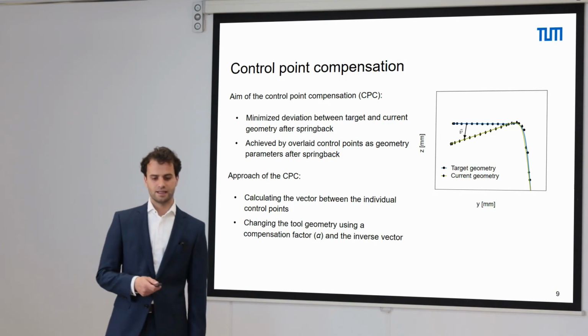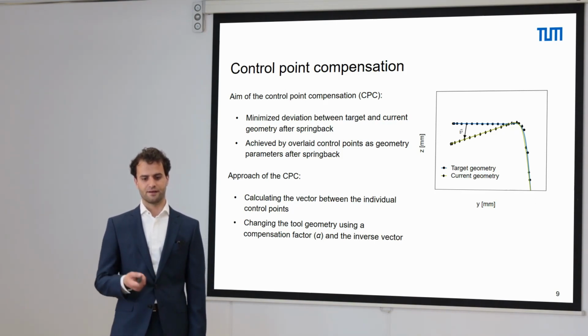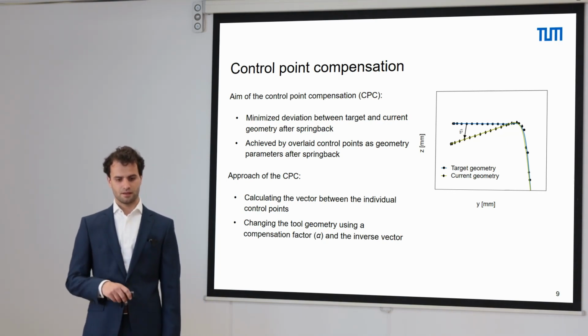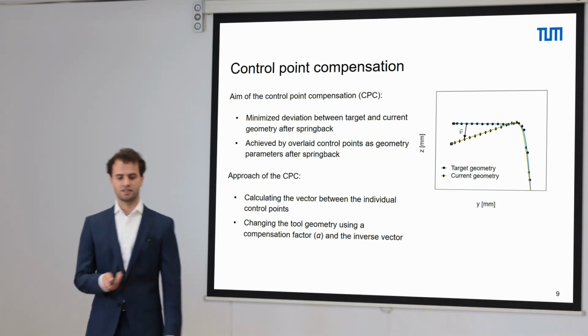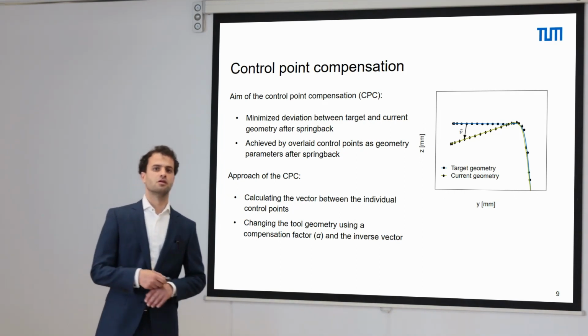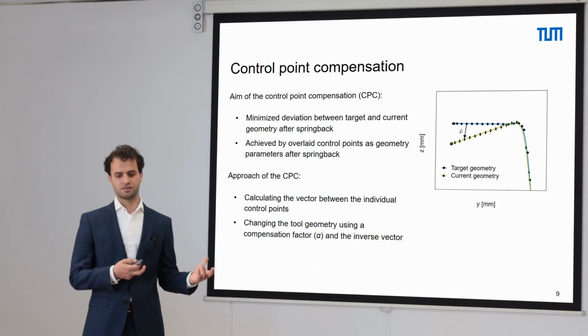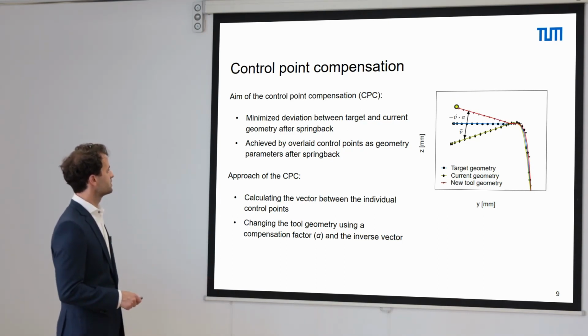And as common in the compensation, we add a compensation factor alpha and multiply it with the inverse vector. Doing this simultaneously for all the 70 control points gives us a new geometry, as shown here. In red, we have a new tool geometry.